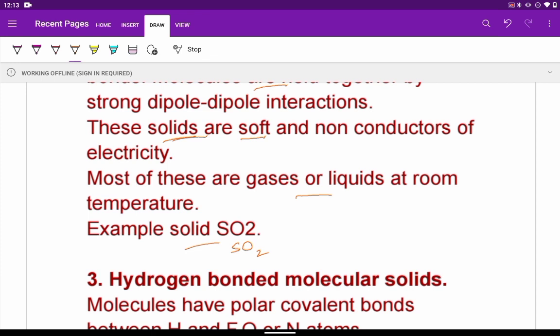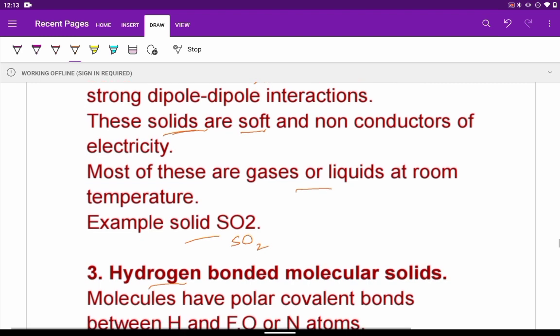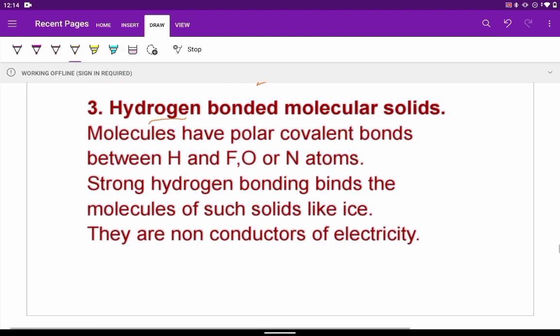Third type is hydrogen bonded molecular solids. Here the molecules have polar covalent bonds between hydrogen and either fluorine or oxygen or nitrogen atoms. There is strong hydrogen bonding which binds the molecules of such solids, as in the case of ice.